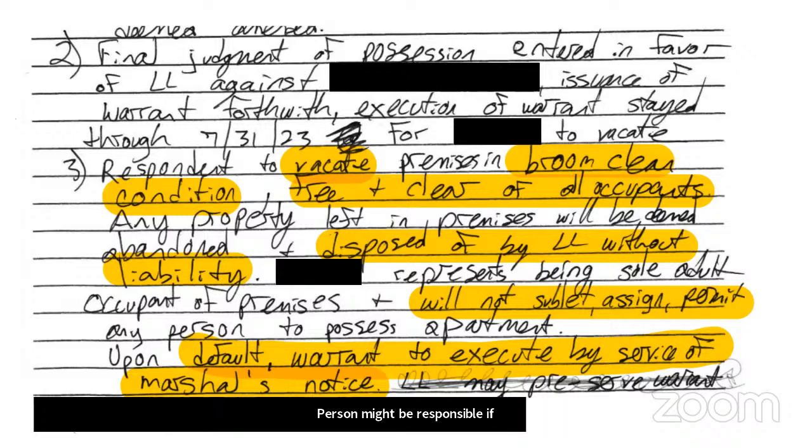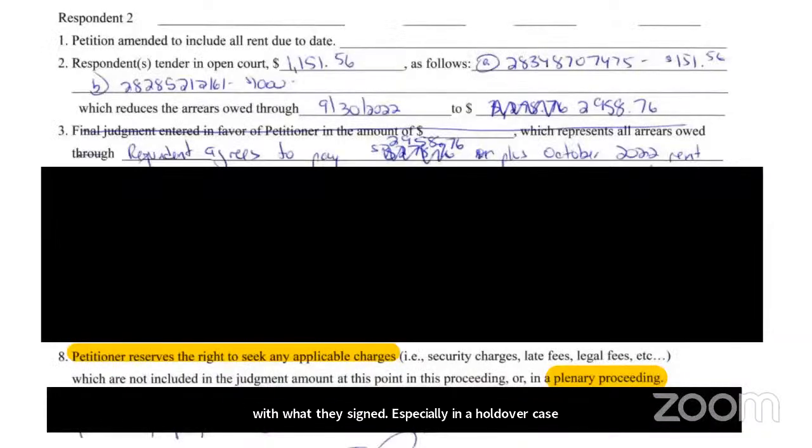If any rent arrears were waived, the person leaving someone else in this apartment might be responsible for the rent arrears the other person accumulates. So tenant agreeing to leave the apartment has to be very clear on what they're signing and be able to comply with what they sign, especially in a holdover case. Next slide, please.